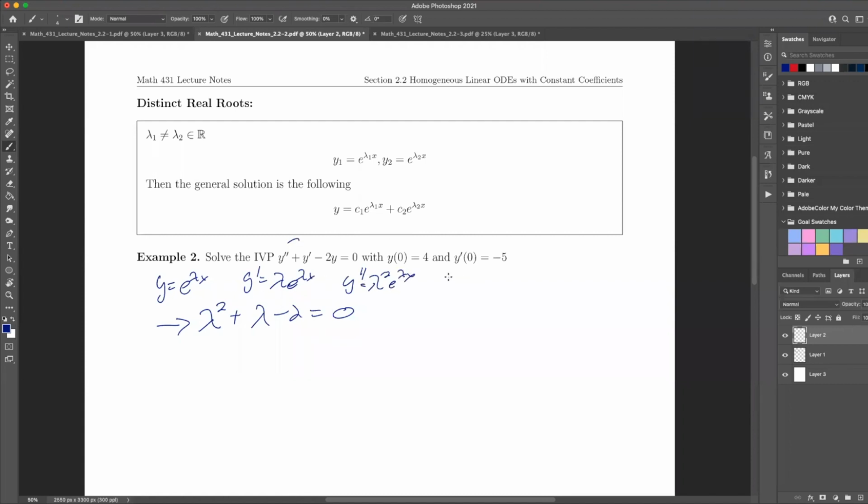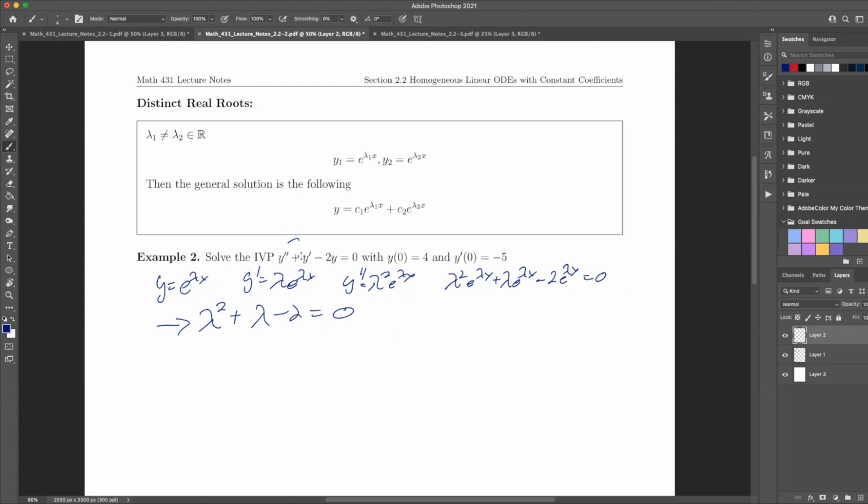Plugging that in here, I'll get lambda squared e to the lambda x plus lambda e to the lambda x minus 2 e to the lambda x equal to 0. E to the lambda x cannot equal 0, so this must equal 0. Okay?